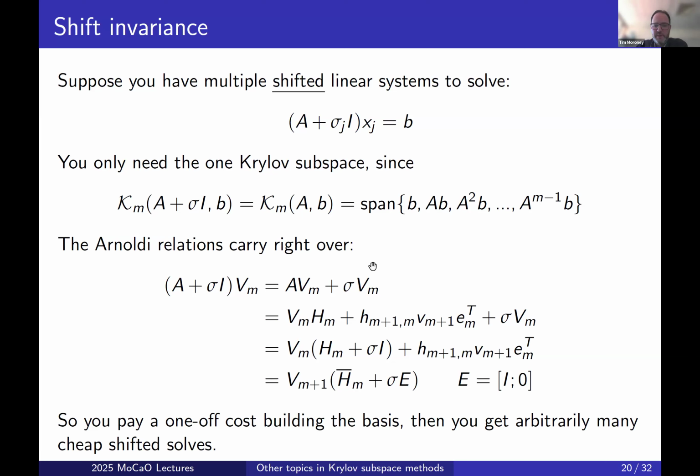You build it up once, and then you just tweak the H as needed. So for that one-off cost, building the basis, you then get arbitrarily many cheap shifted solves. In an application that calls for a whole family of these, that one-off cost can be made essentially negligible compared to the cheap cost of solving arbitrarily many shifted systems after that.